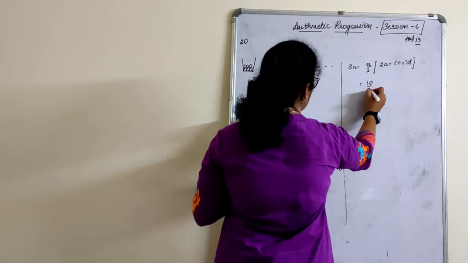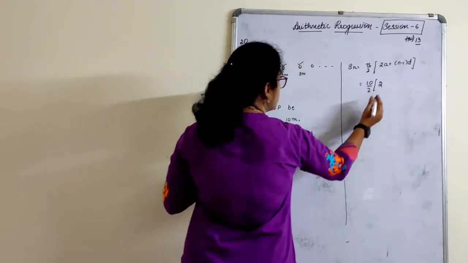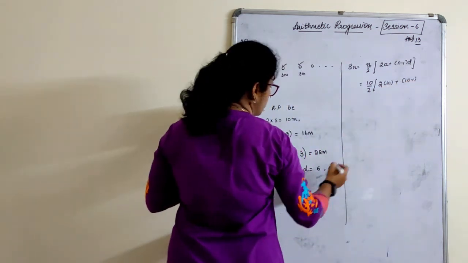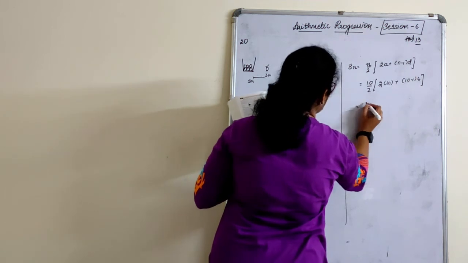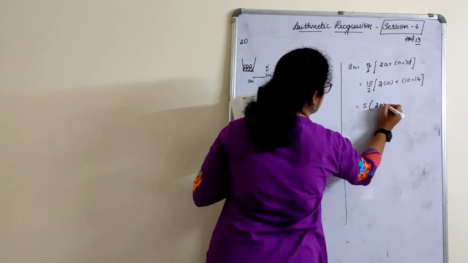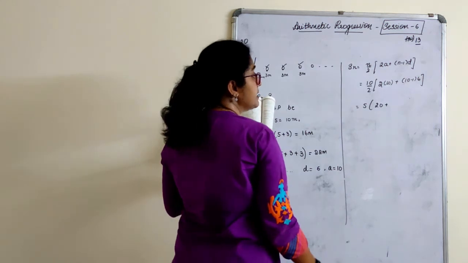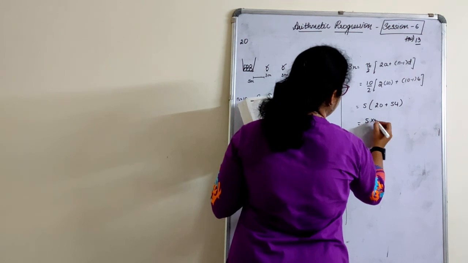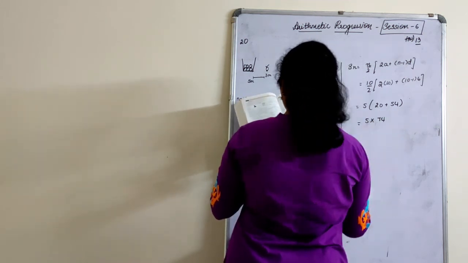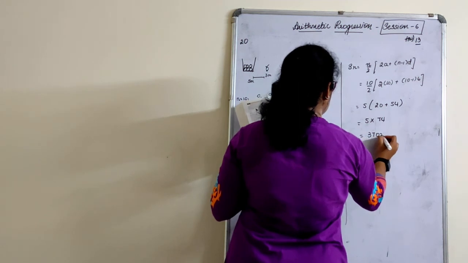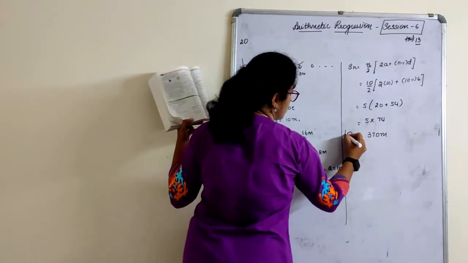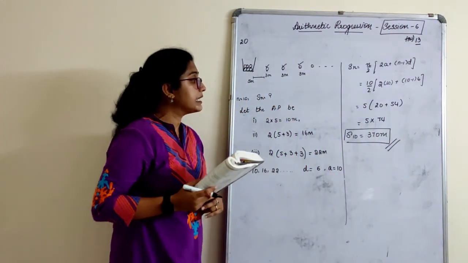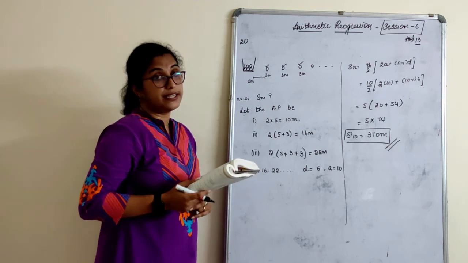So 10 by 2, 2 into 10 plus 10 minus 1 into 6. 5 into 20 plus 10 minus 1 is 9, 9 times 6 is 54. 5 into 74, that is equal to 370 meters. Total distance run by the competitor is 370 meters.